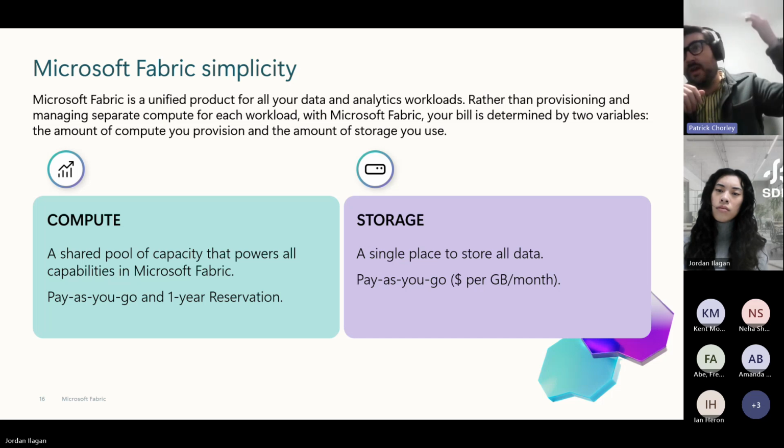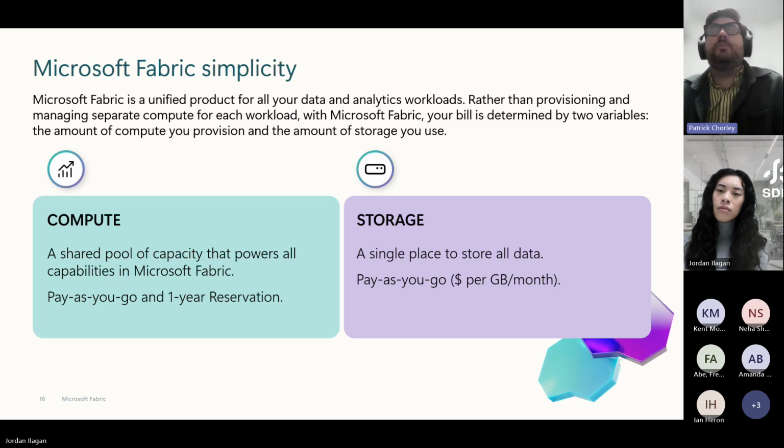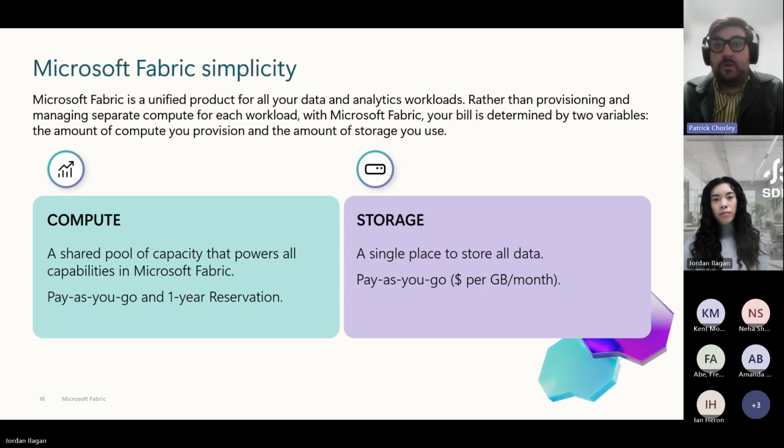Those not familiar with Fabric, or maybe familiar with Power BI, you pay for a SKU of compute, but that's going to open up just about everything in Fabric for you. You can go pay as you go, or you can do a 1-year reservation to save some money. And like I said, that kind of opens the door to all you can do in Fabric. So once you have a compute, you can start doing data engineering, you can start doing your Power BI.